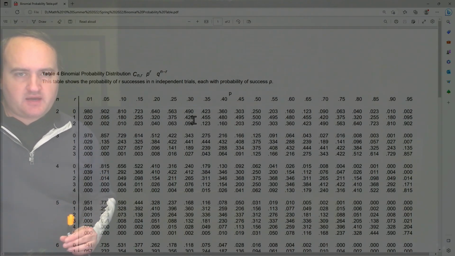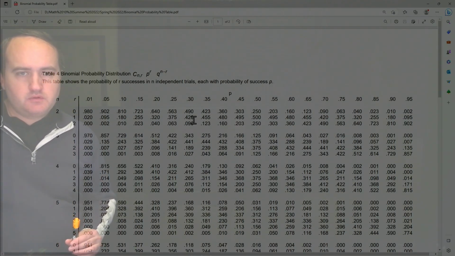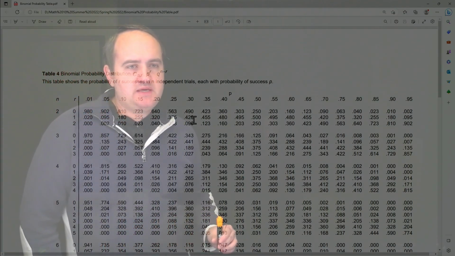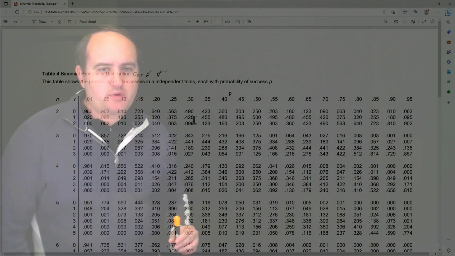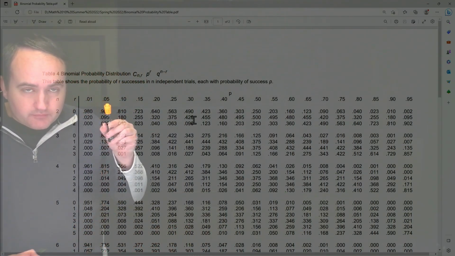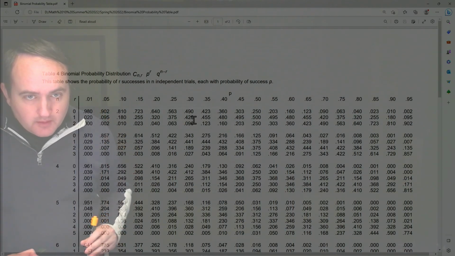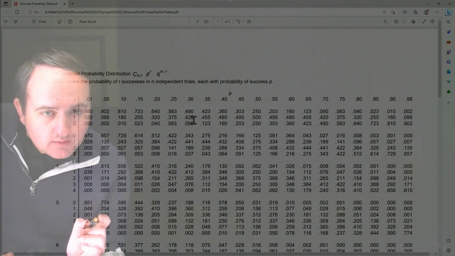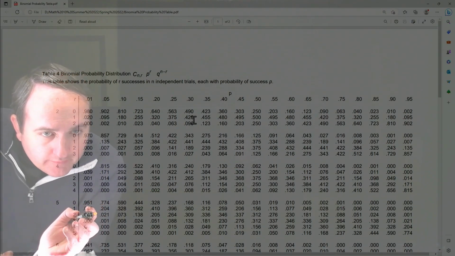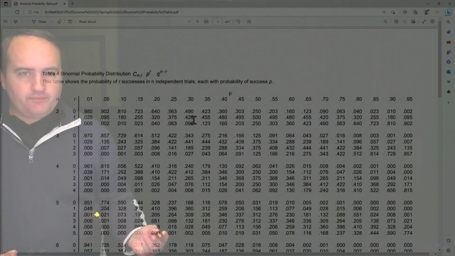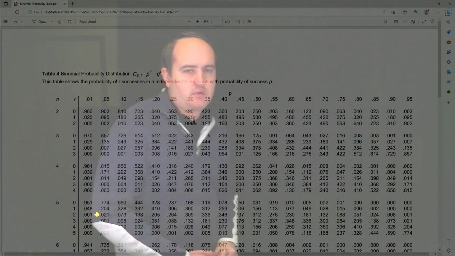If N is 5, R is 2, then we go over here, and we said that P was 0.05, so I went way too far. P was 0.05, which is that right there. And you can see we get the same value. So this is it right here. It's hard to write that small, but we can see that 0.021 is what we wanted. Same number, 0.021.